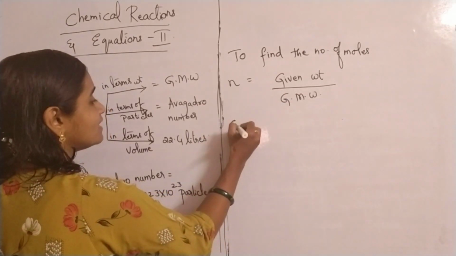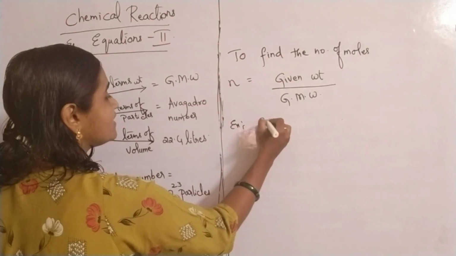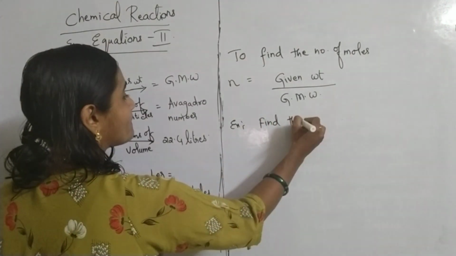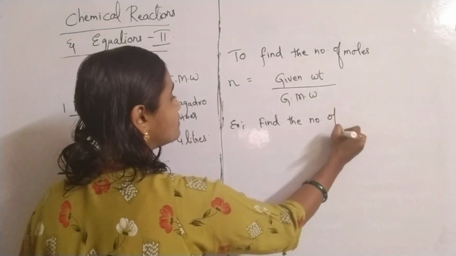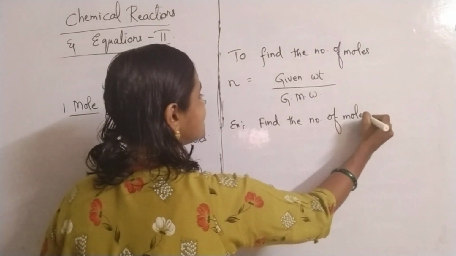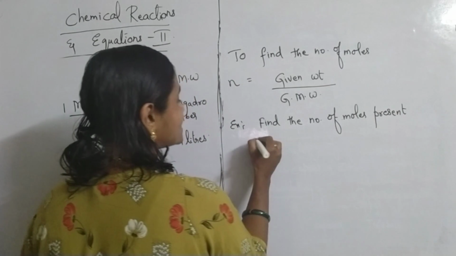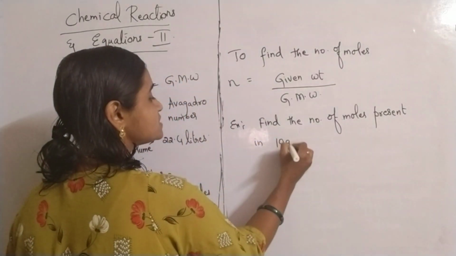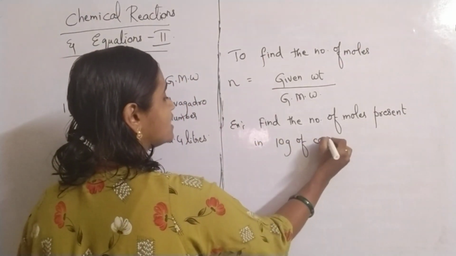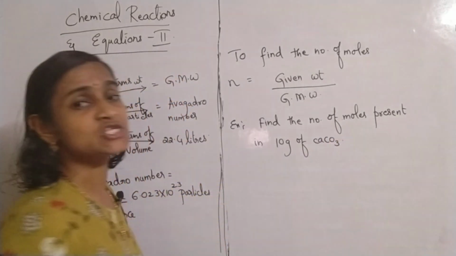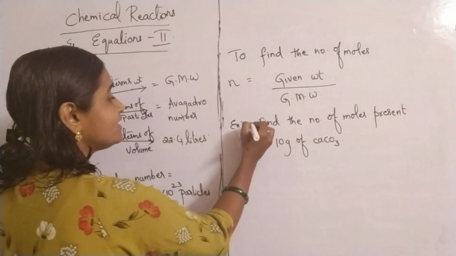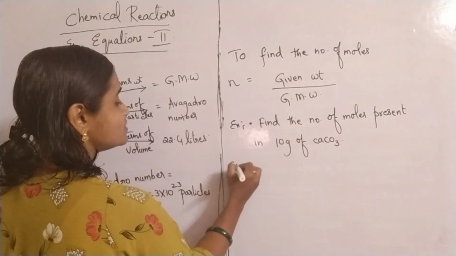For example, find the number of moles present in 10 grams of CaCO3. If you are given this question, how will you write the solution?